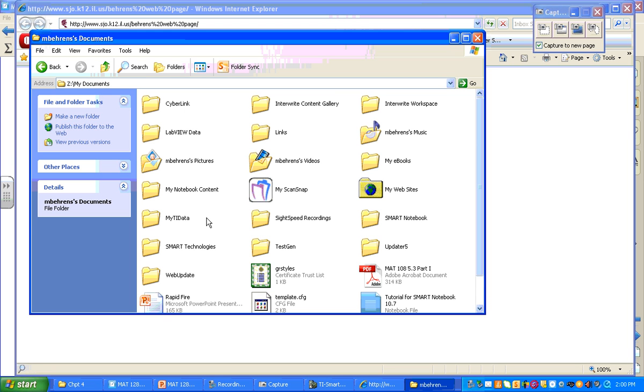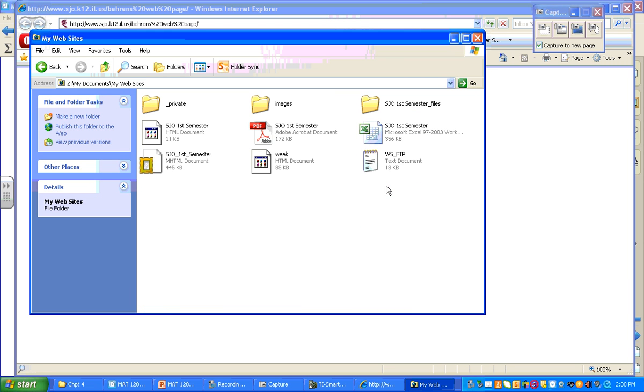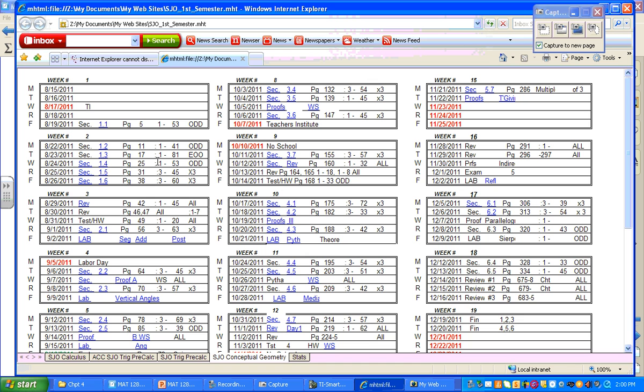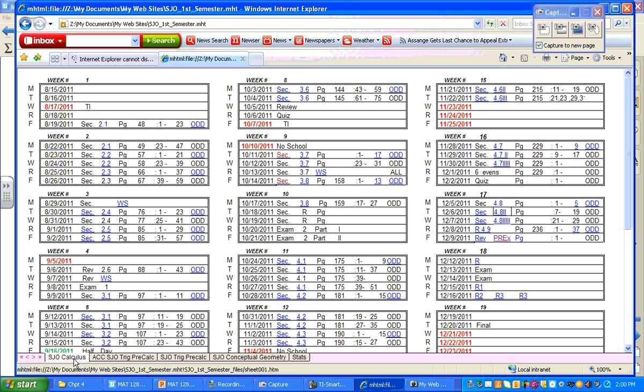Luckily, I have a backup copy here. It's loading. Yeah, 1 through 5 odd.